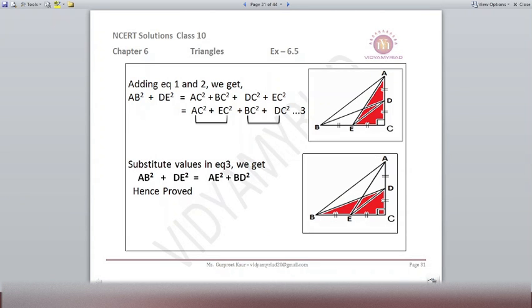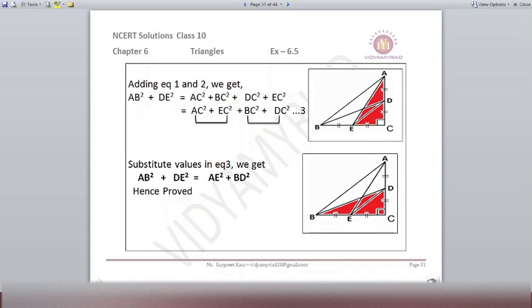Now add both the equations together, it becomes AB square plus DE square. So this is the first thing we have achieved, which is equal to AC square plus BC square plus DC square plus EC square. Now here what we have done is rearranged into different groups, so it becomes AC square plus EC square plus BC square plus DC square. Now in this, what is AC square plus EC square?